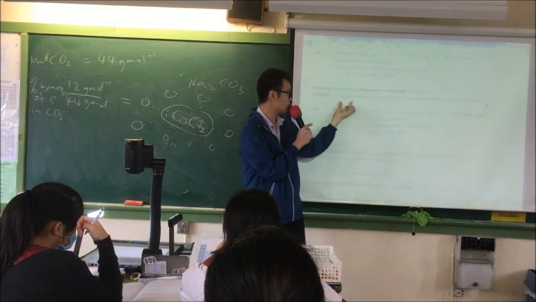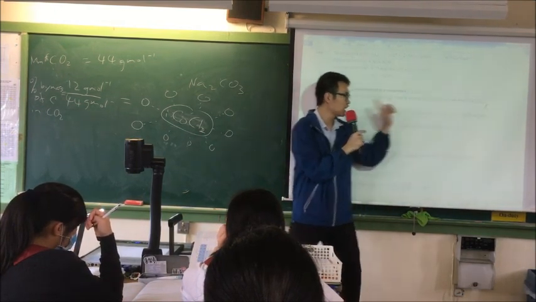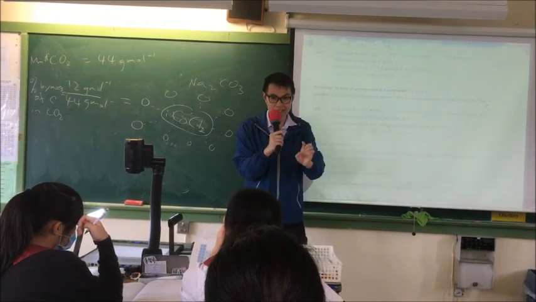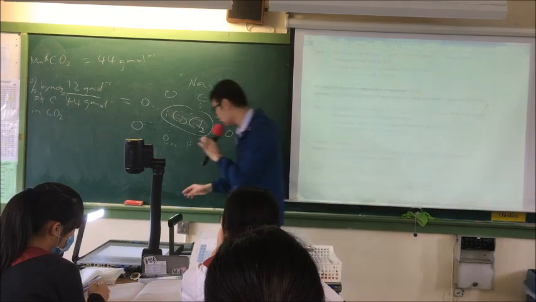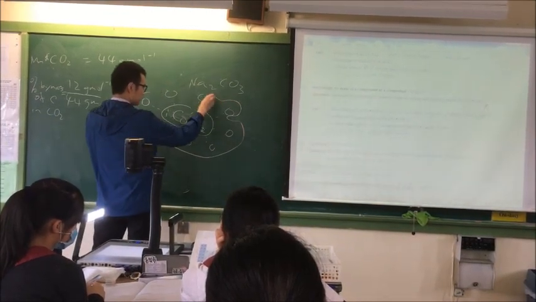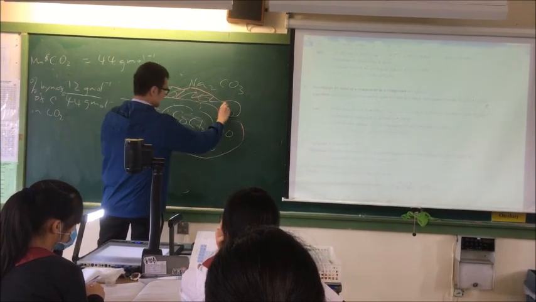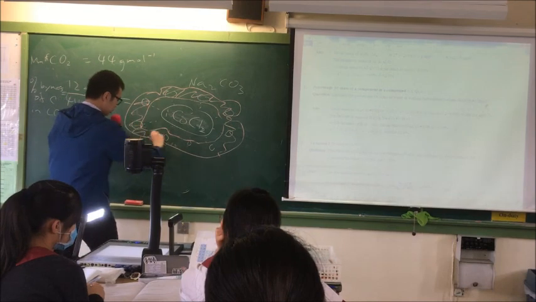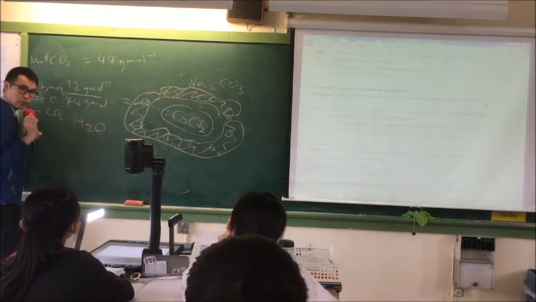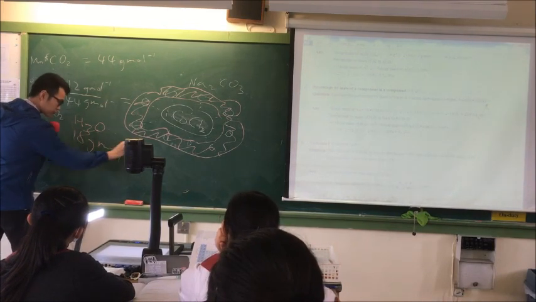in a compound. Okay, calculate the percentage by mass of water in sodium carbonate 10 water. So first of all, we need to calculate the molar mass of 10 water. What does that mean? We need to calculate the mass of this part. Okay, so 1 water H2O, the molar mass will be 18 grams per mole.